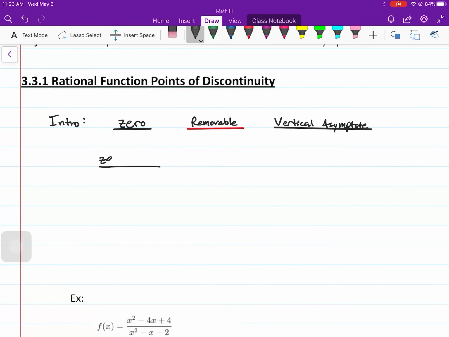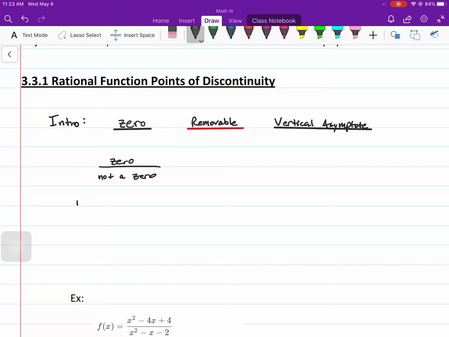So if you have a 0 on top, and then you have a not a 0 on the bottom. You'll see right now.